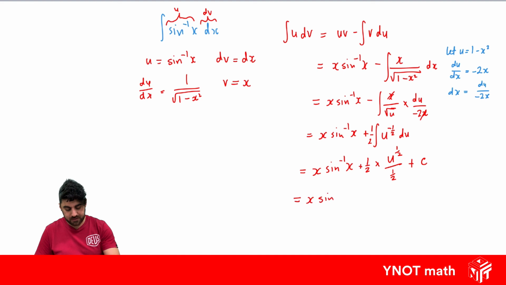So we're going to get x times the inverse sine of x. This half and this half will cancel out, and we need to sub u back in. So we're going to get plus the square root of u, which is 1 minus x squared plus a constant.